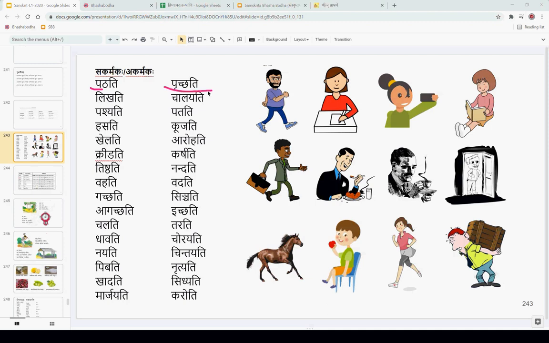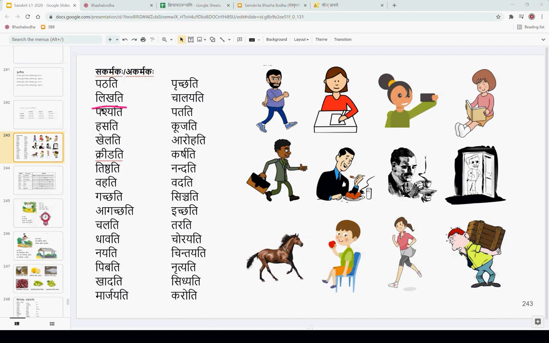Sakarmaka. Like the next one is pruchhati, asks, questions, asks. So pruchhati, is that sakarmaka or akarmaka? Sakarmaka. Prashnam pruchhati, or samshayam pruchhati. Samshaya means doubt. Prashnam pruchhati. Then likhati, writes or draws.